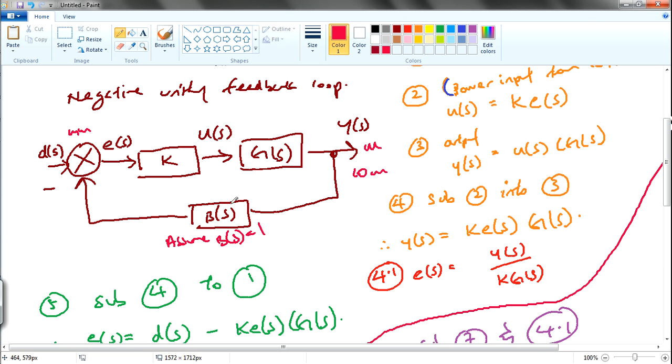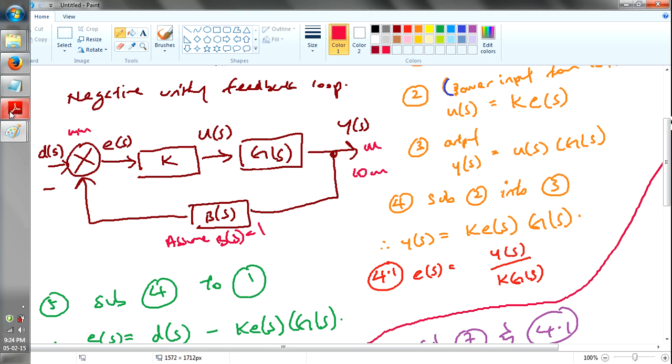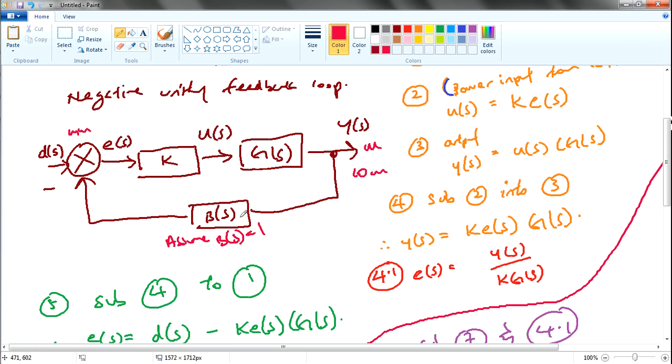This is a measurement, so it's not a feedback in this sense. You can also say that it's a feedback, but it's just a measurement. So 10 meters would be some 10,000 millimeter values over s. You just multiply them and you'll get that. But nonetheless, we just treat it as 1.